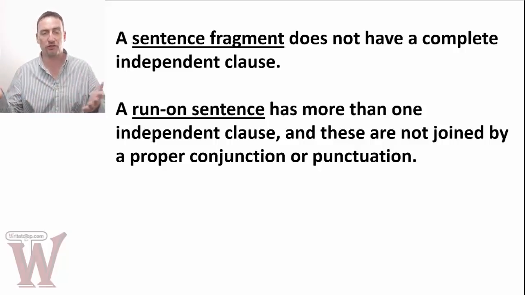It has two or three or more, but it doesn't have the conjunctions that join them or the punctuation that joins them, like semicolon or colon, okay? So what you want to avoid is having sentence fragments and run-on sentences. And especially if those of you taking a test like TOEFL, IELTS, or whatever, this will actually cost you points if you have these types of problems in your writing.